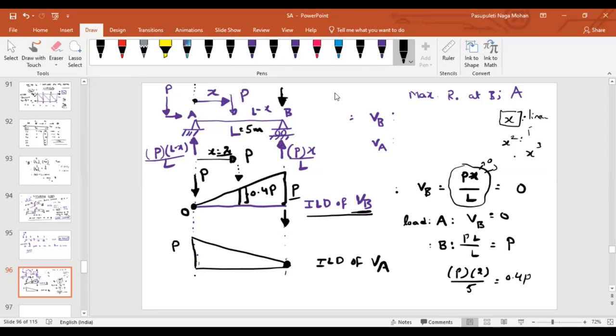What does this point represent? What is this value here? 0. Then can you explain to me what this 0 is? Sir, the load is at point A, so VB will be 0.